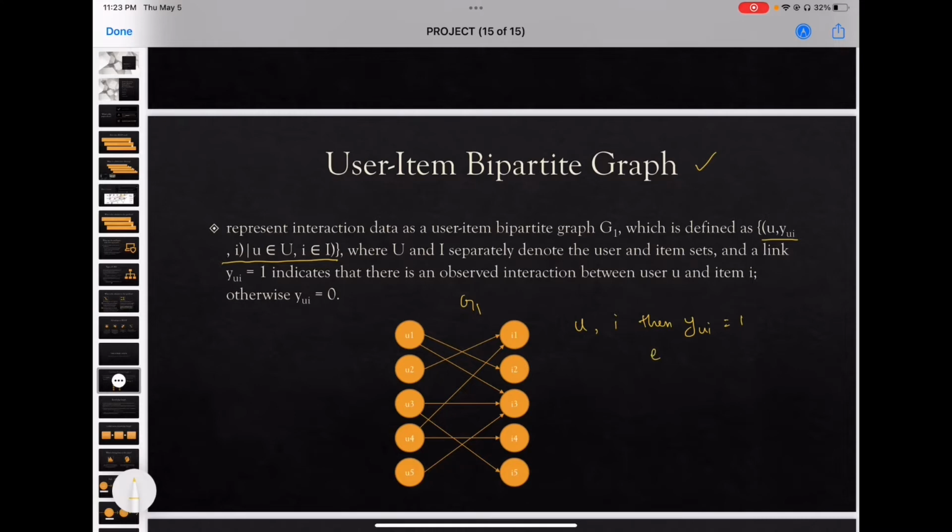Else, it will be 0. So in this particular graph, since there is an interaction between user 1 and item 2, y_U1I2 will be 1. However, there is no interaction between user 1 and item 1, so y_U1I1 will be equal to 0.